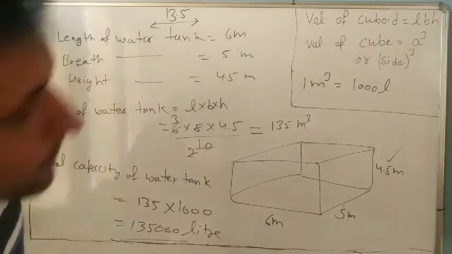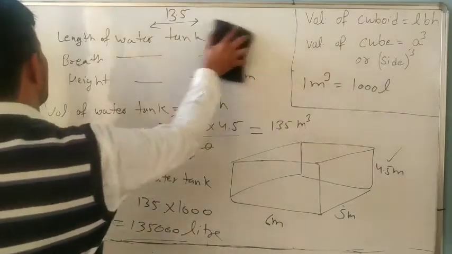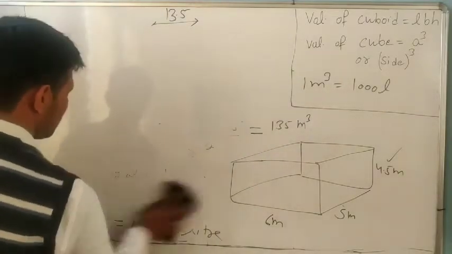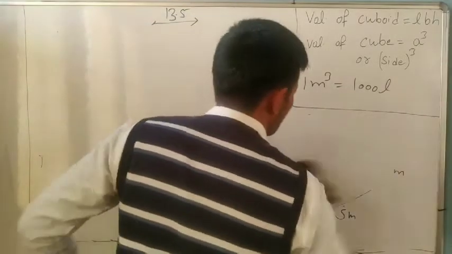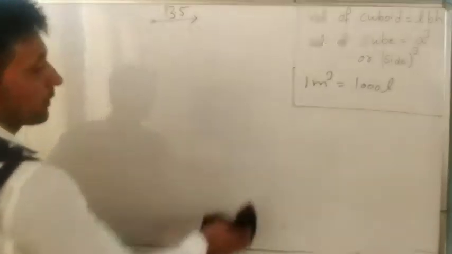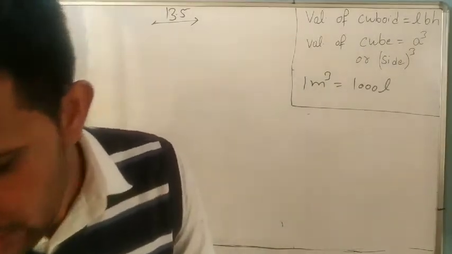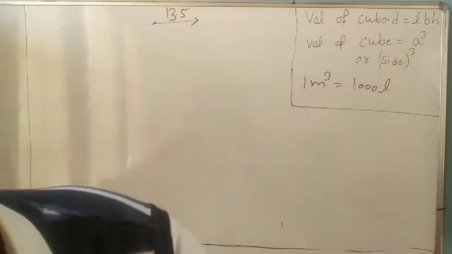So that was question number 2, now we will start question number 3. Remember this formula. Next is a cuboidal vessel.